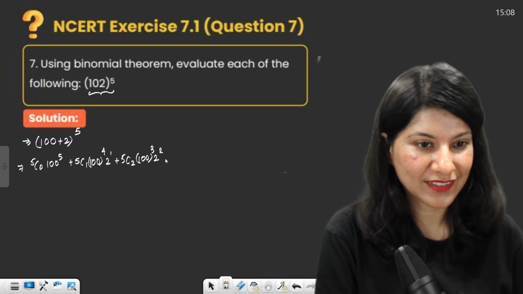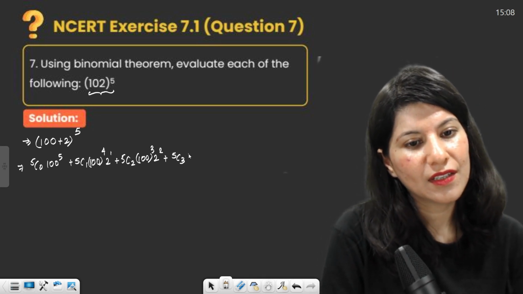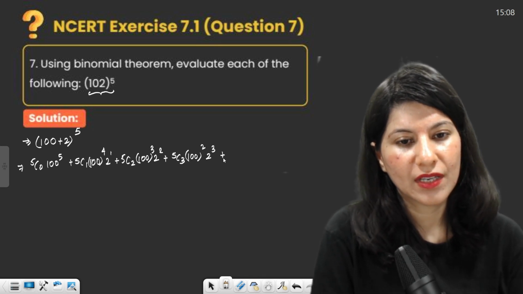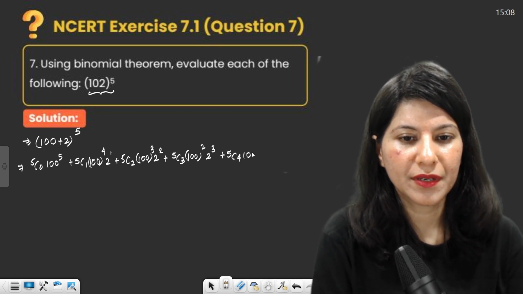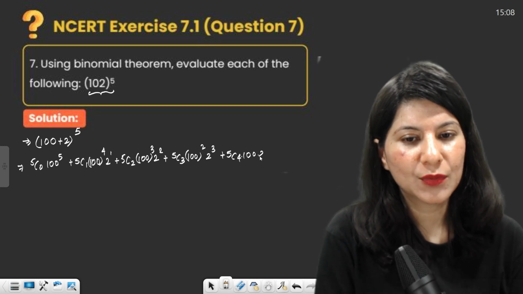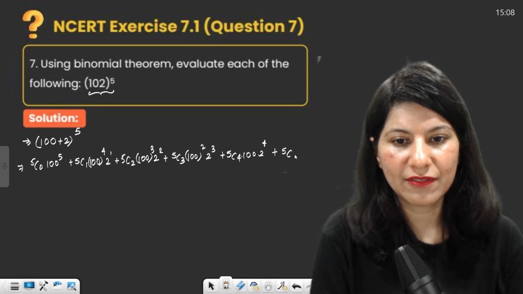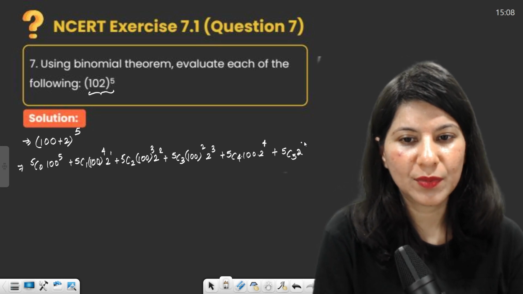Let's not forget 5C3 100 squared into 2 cubed, 5C4 100 into 2^4 plus 5C5 2^5.